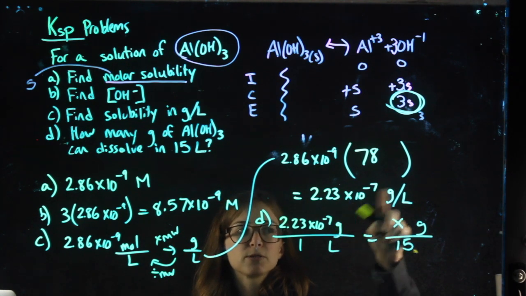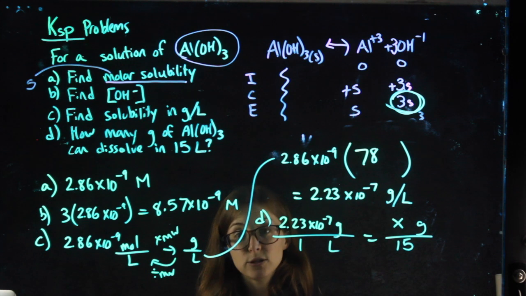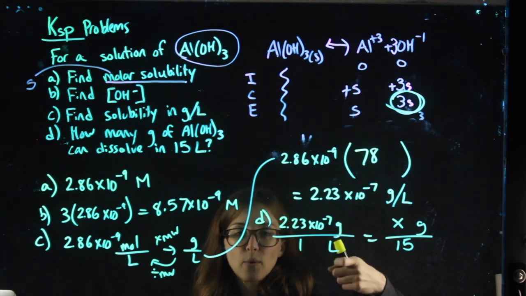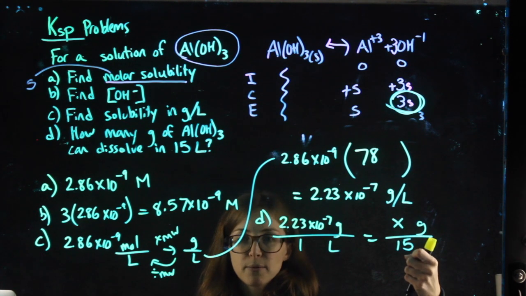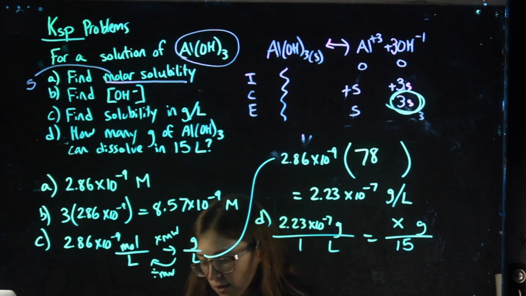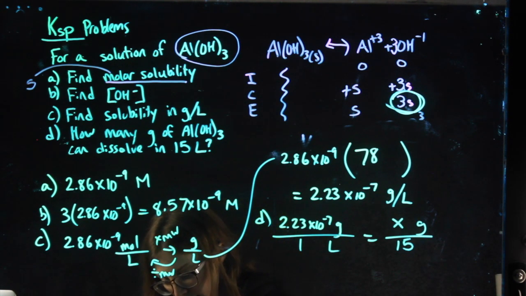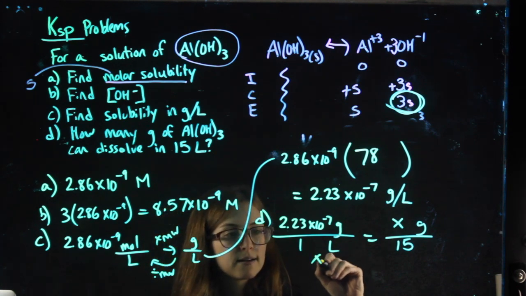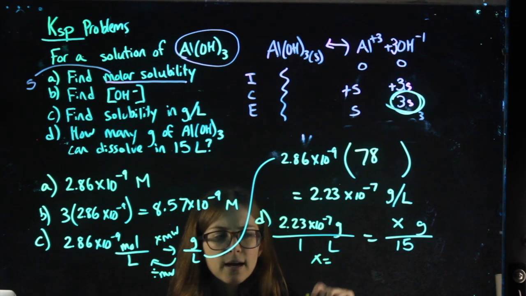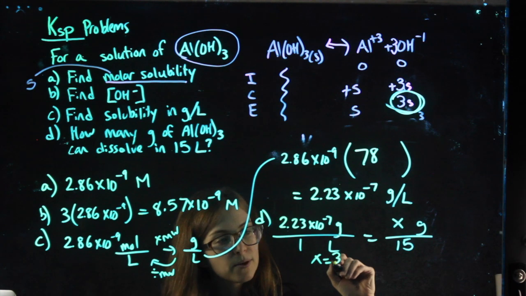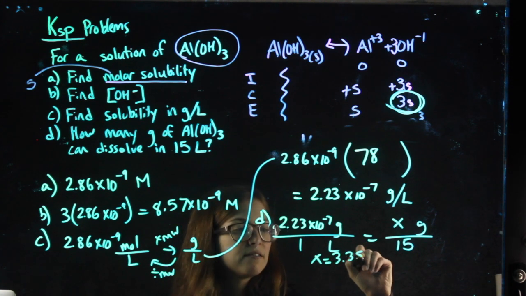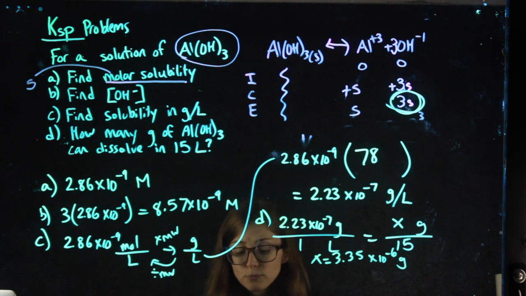If you want to just know to multiply this by the number of liters, you may do that. But again, depending on the information you're given, grams per 1 liter, grams per some other number of liters works as well. Cross multiply, and I get, cool, let's knock it off. 3.35 times 10 to the negative 6th grams.